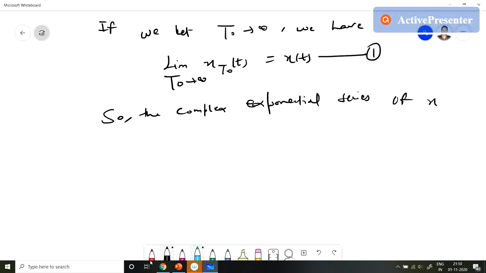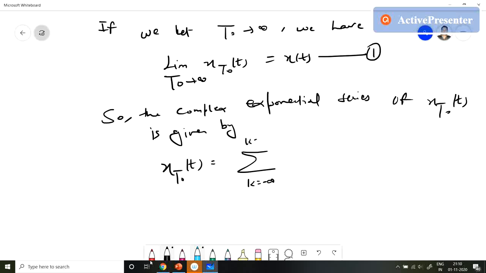of x_T0(t) is given by x_T0(t) equals summation k equals minus infinity to plus infinity of ck e raised to the power jk omega naught t. And omega naught is 2 pi divided by T naught. Let this be equation number 2.